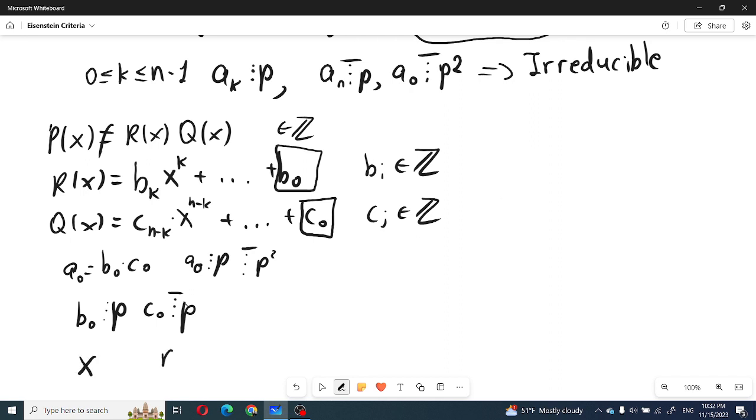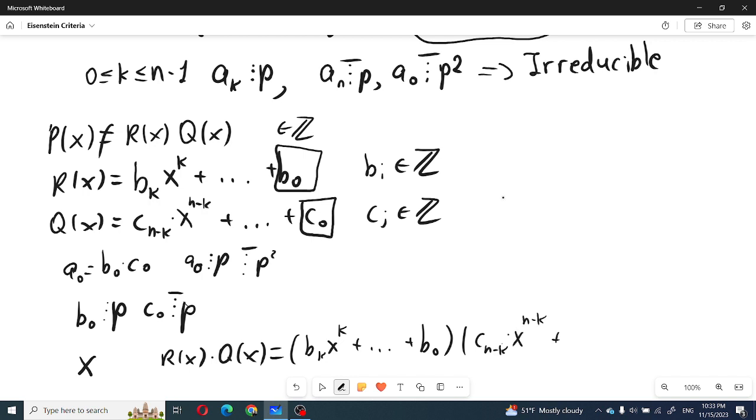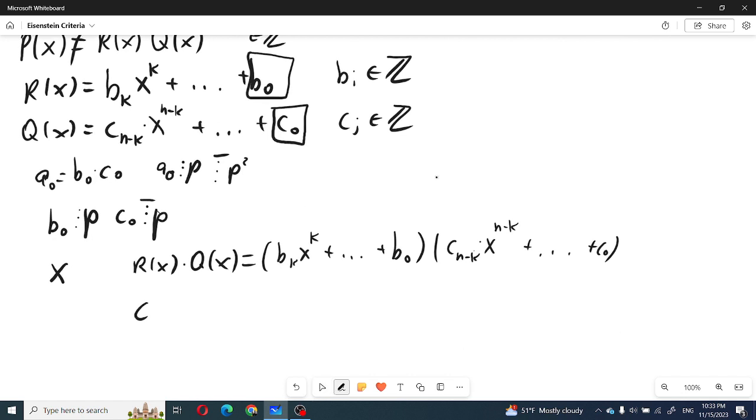If we take r(x) times q(x), now we will have b_k x^k, all the way up to b_0, times c_{n-k} x^{n-k}, all the way up to c_0. The coefficient of x will be c_0 times b_1 plus b_0 times c_1, and this must be equal to a_1.